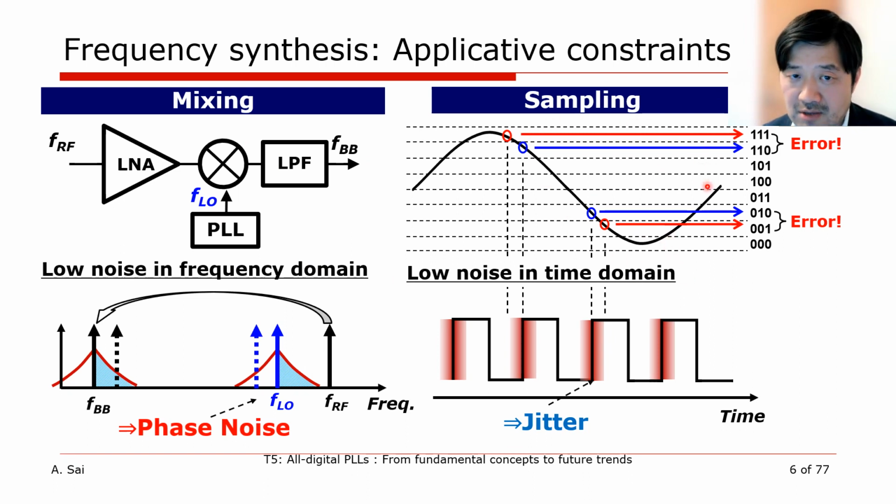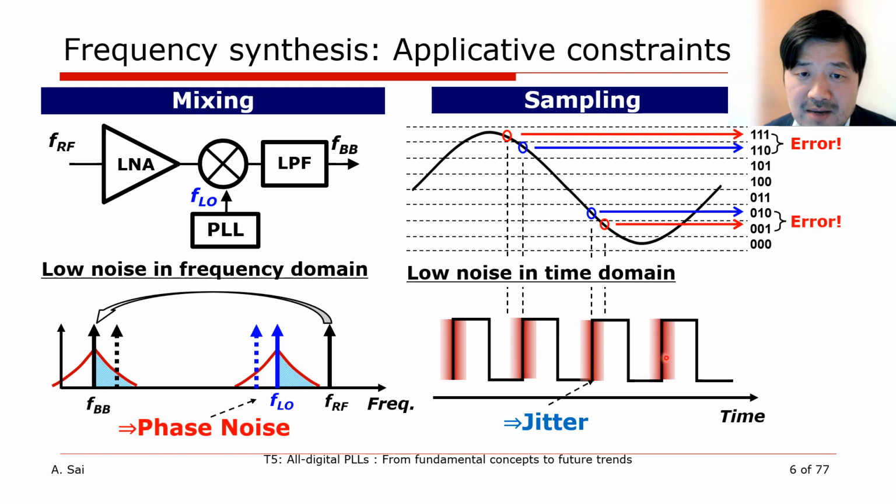Each application requires different characteristics. For example, with wireless, it is necessary to precisely match the frequency of the local signal to the desired channel. Phase noise in the frequency domain degrades signal quality, so it is very important.